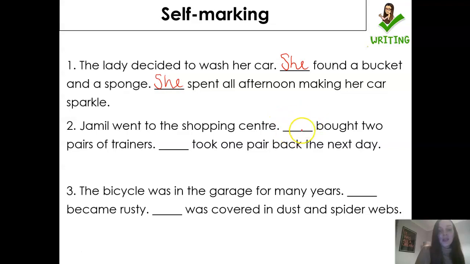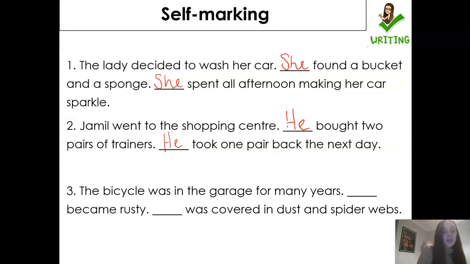What pronoun do we think goes here? Is it he, she or it? Check your work. What did you write? I'm going to say that Jamil went to the shopping centre and he bought 2 pairs of trainers. Again, in the next sentence, blank took 1 pair back the next day, so I think the pronoun must be the same. It will be he again.